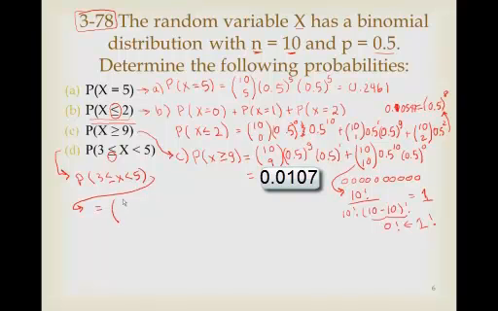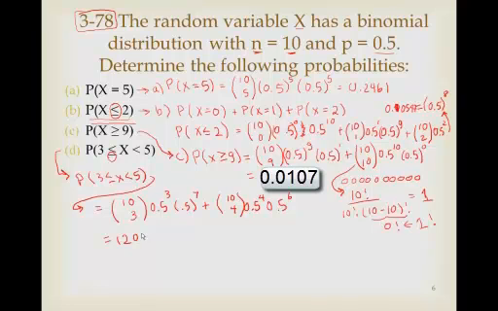So we've got 10 choose 3 times 0.5 to the third, and times 0.5 to the 7, plus 10 choose 4, 0.5 to the fourth, 0.5 to the sixth, and we'll just calculate it out.